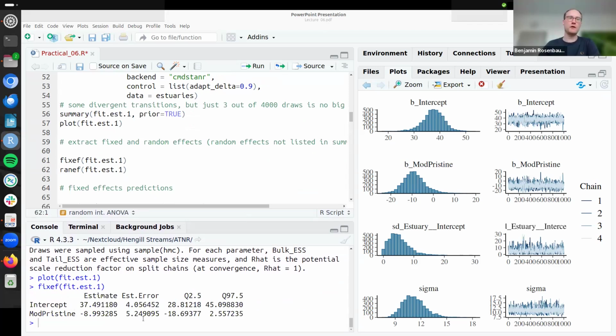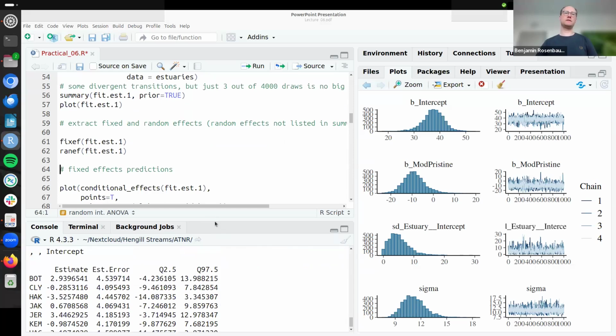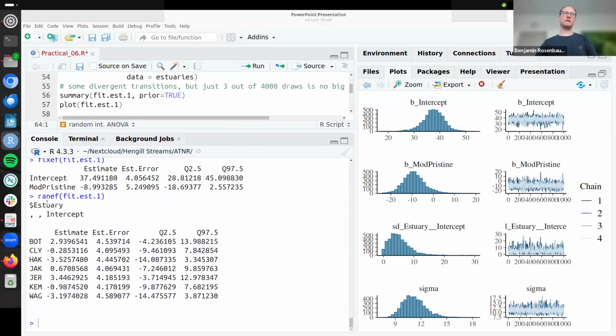This information was already contained in the summary table. However, the random effects were not fully displayed in the summary table. We only had their standard deviation. So with this command here, we can extract them. Here, this is the mean deviation per each level or per each location, also associated with the respective standard deviation.